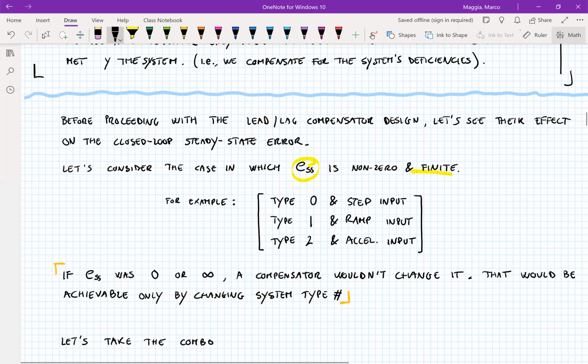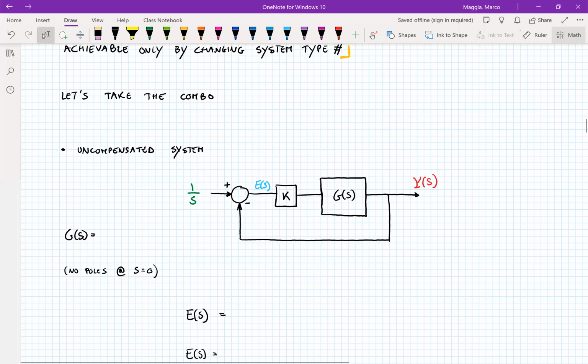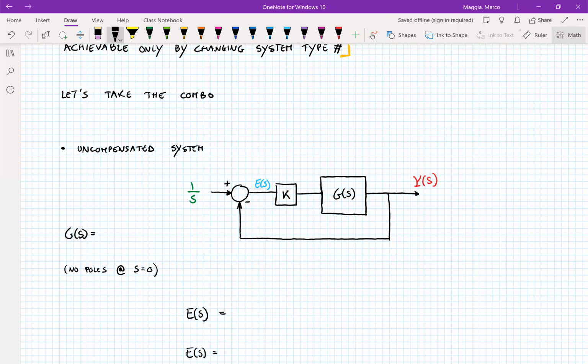All right, to demonstrate the fact that the lead compensator increases the steady state error and the lag compensator decreases the steady state error, let's consider one of these combinations. In particular, let's consider a type 0 system coupled with a step input.